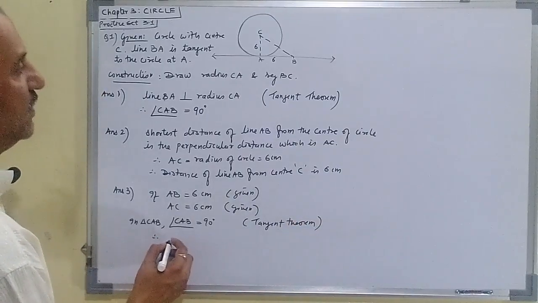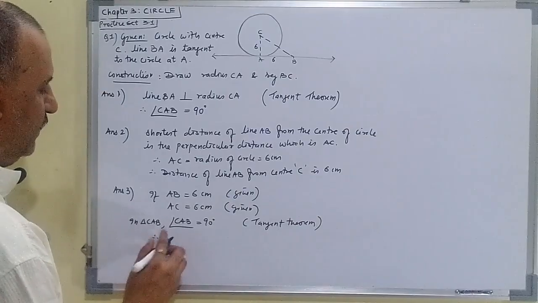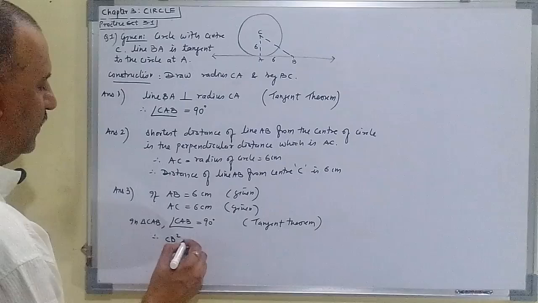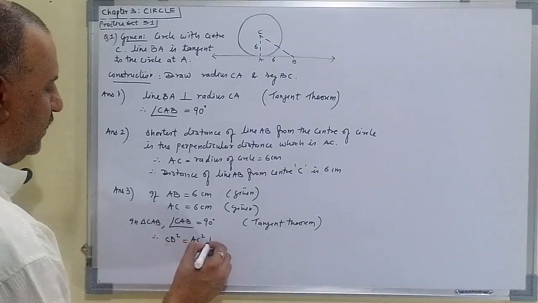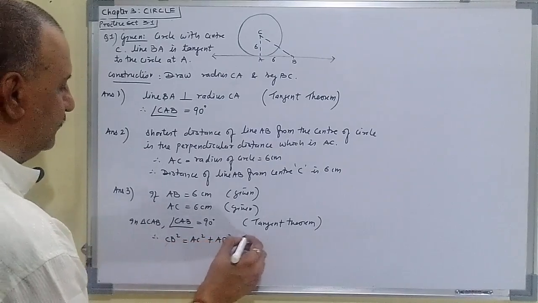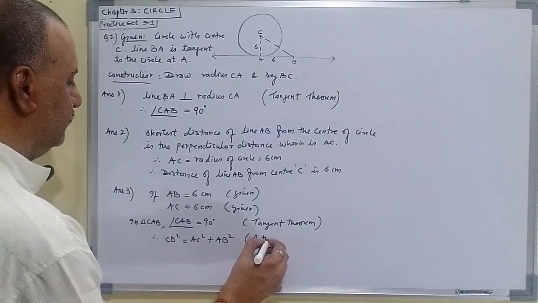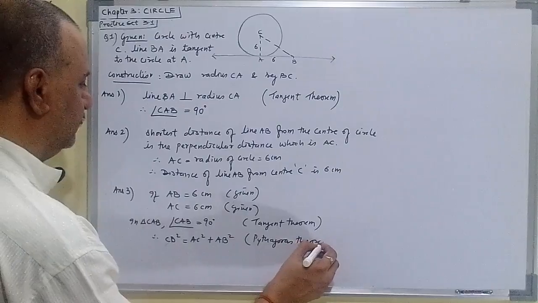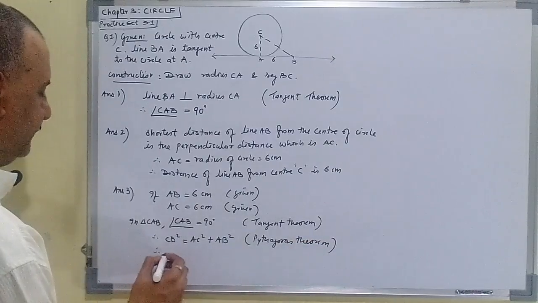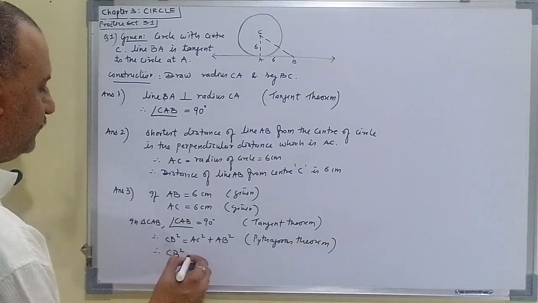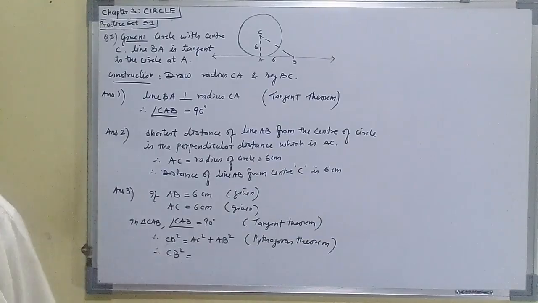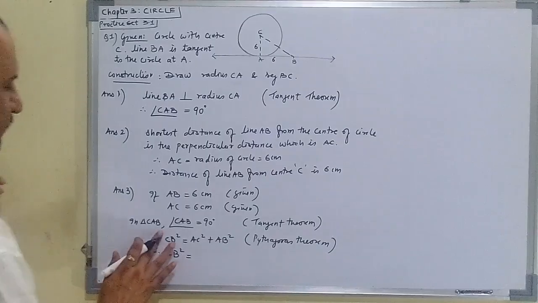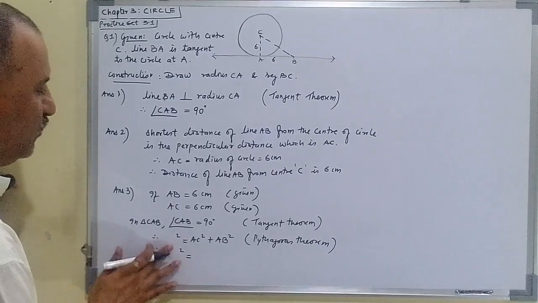Therefore, Pythagoras theorem का इस्तेमाल करो. Therefore, BC square or CB square is equal to AC square plus AB square. उन्होंने क्या पूछा है? BC पूछा है, तो BC लिखो.